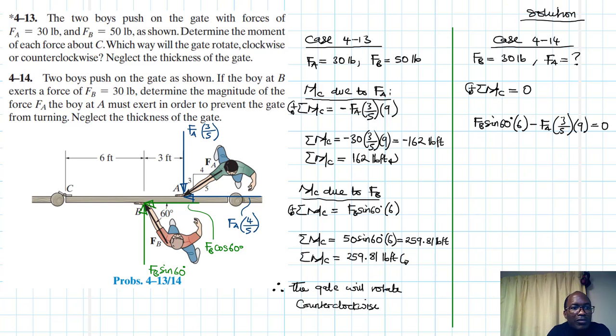But we know what FB is, so replace FB here. Once we do so, we have 30 sine 60 times 6 minus FA times 3 over 5 times 9 equal to 0. Therefore, our FA will be equal to, let's do the calculations.